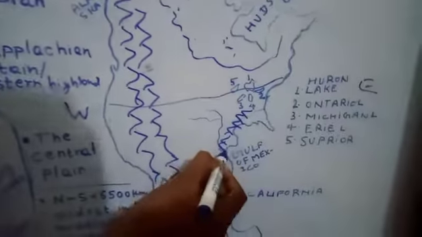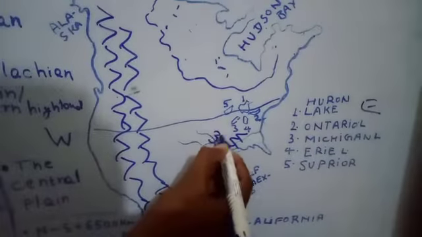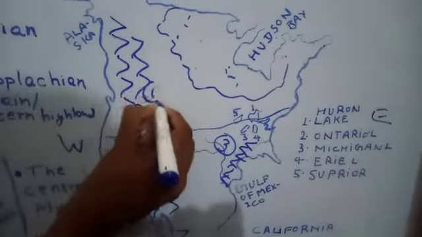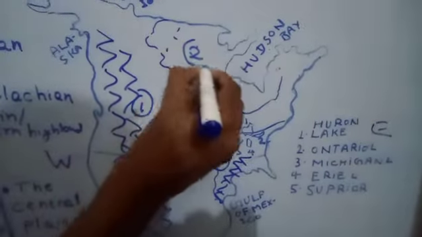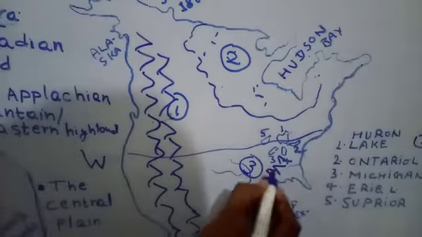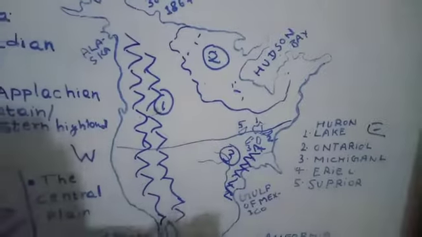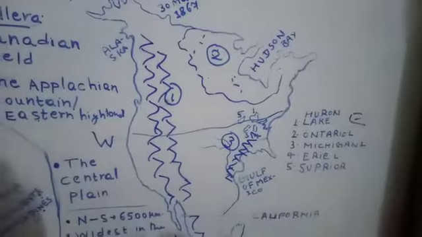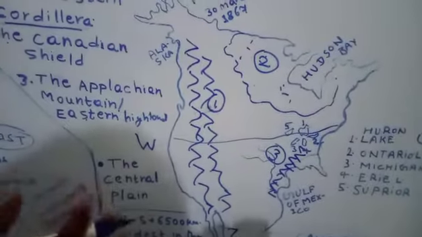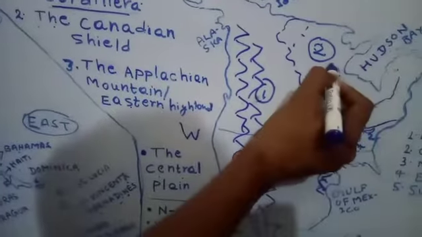It's a series of mountains, which is the third physical feature. Number 1 is Western Cordillera, number 2 Canadian Shield, number 3 Appalachian Mountain. It is sometimes also called the Eastern Highland because it is situated on the eastern side of America. And at last we are going to see the Central Plain.